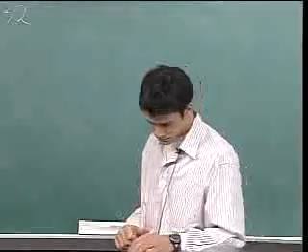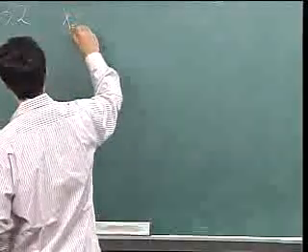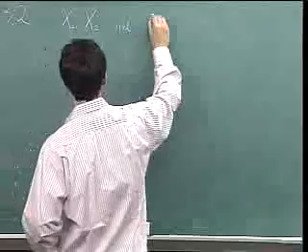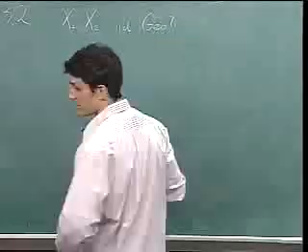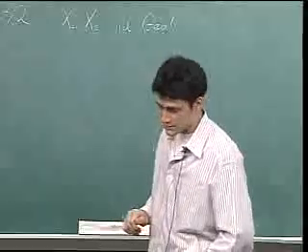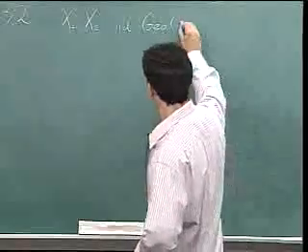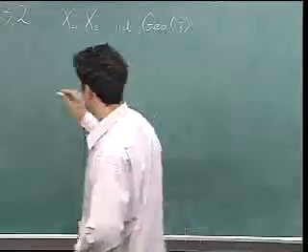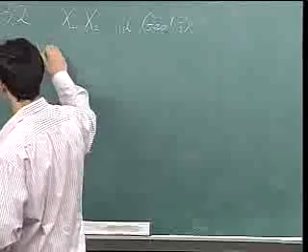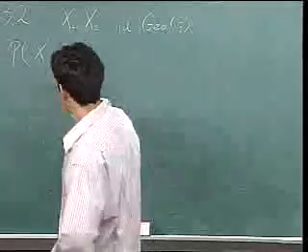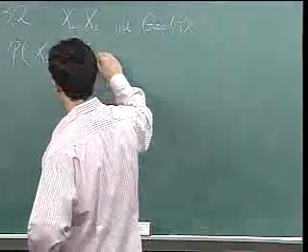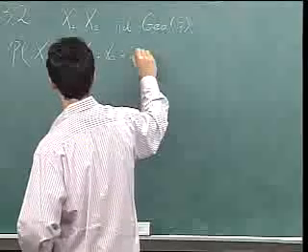So let x1 and x2 be independent and identically distributed geometric random variables with probability of success p. And we would like to guess the value of the probability that x1 is equal to i given that x1 plus x2 is equal to n.